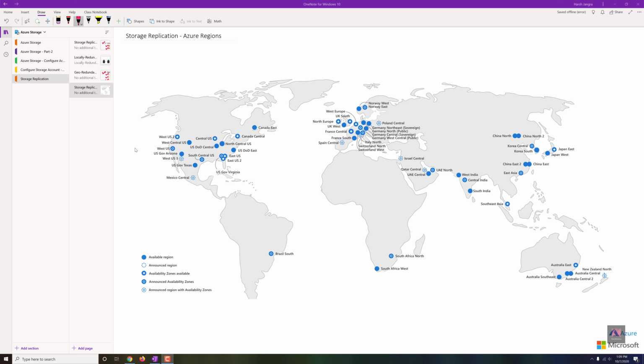In this particular picture, you can find out what Microsoft has newly introduced in the different Azure regions. I'm talking about availability zones, announced regions, and announced availability zones, because previously some of the regions did not support availability zones, but now some of the regions already have that capability.